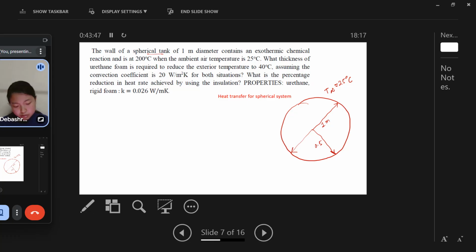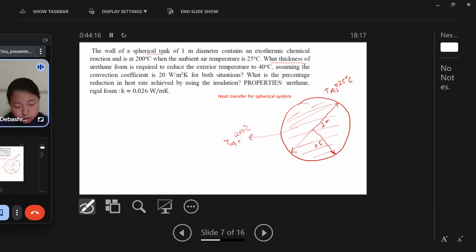Inside this spherical tank there is an exothermic reaction going on, and that inside temperature is 200 degrees Celsius. Again this temperature is not the temperature of the spherical wall, but it is the temperature of the reaction going inside. So this is T infinity 1, and the outside one is T infinity 2.